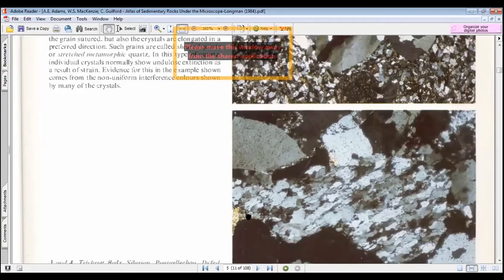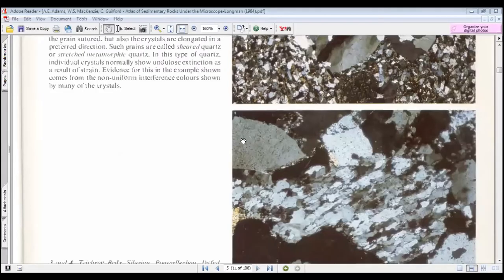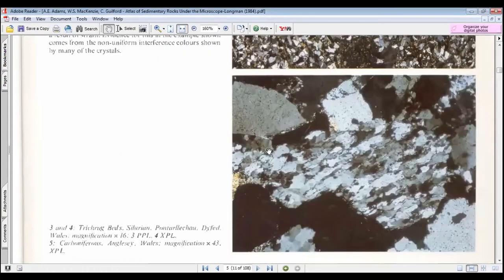So what can be the rock type that it came from? Maybe there was a quartz mica schist at the location from where this rock came, and as a result of that, the rock is preserved. And you can see multiple grains in this particular grain. So it is another example of polycrystalline quartz.